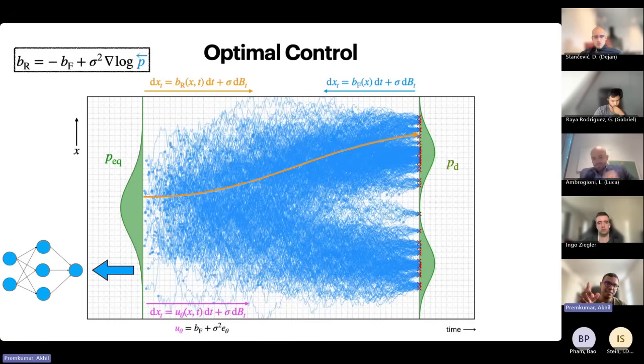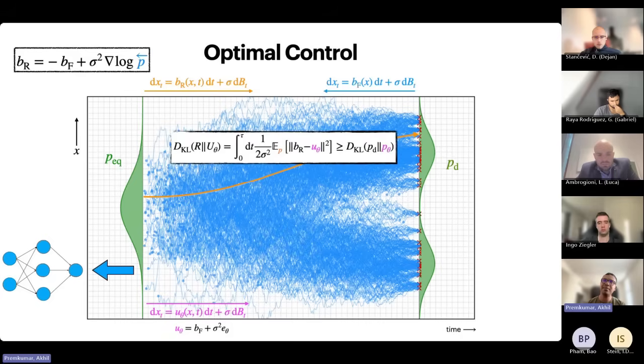This is what's called the entropy matching model. If you use score matching, then you would say that U theta equals minus BF plus sigma squared S theta. Again, happy to talk about it later. But this is why the entropy matching parameterization is important.